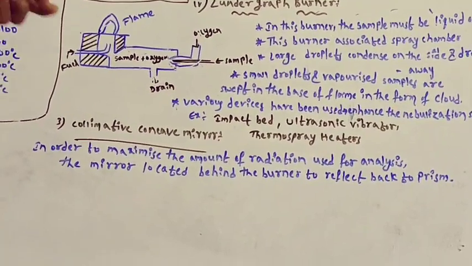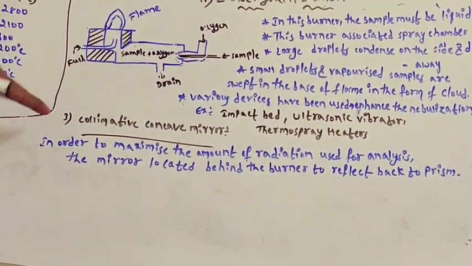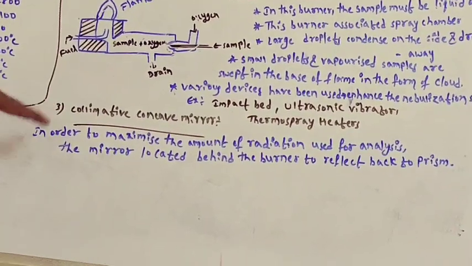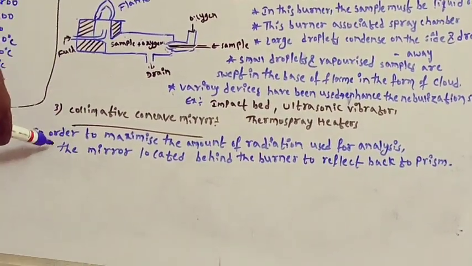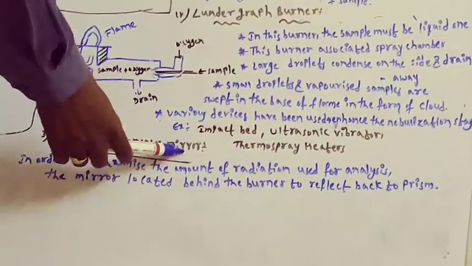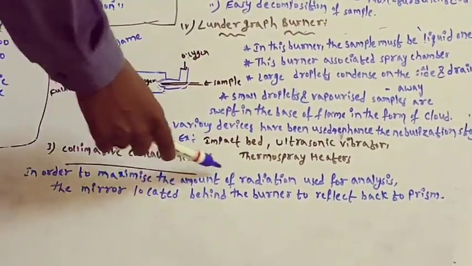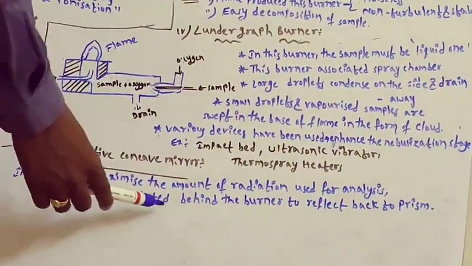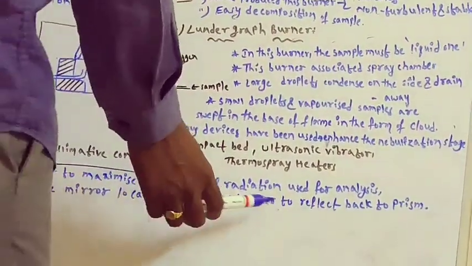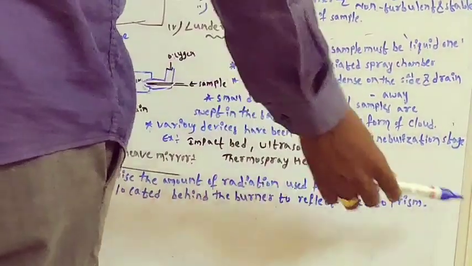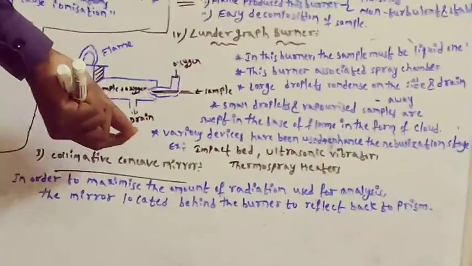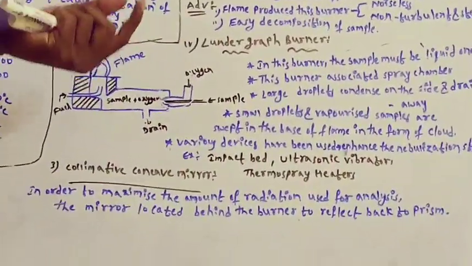And the third part of this instrumentation is the collimating mirror. In order to maximize the amount of radiation used for analysis, the mirror is located behind the burner to reflect back to the prism. Why is this mirror kept at the backside of the burner?